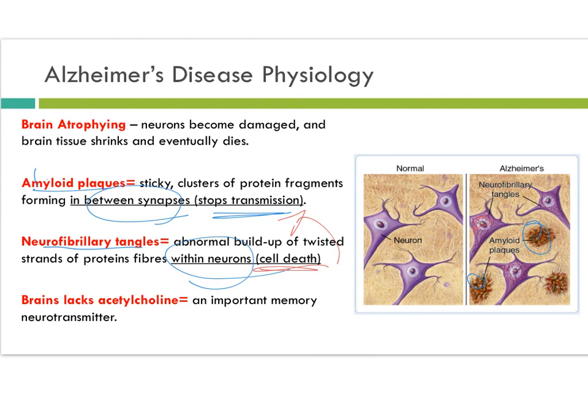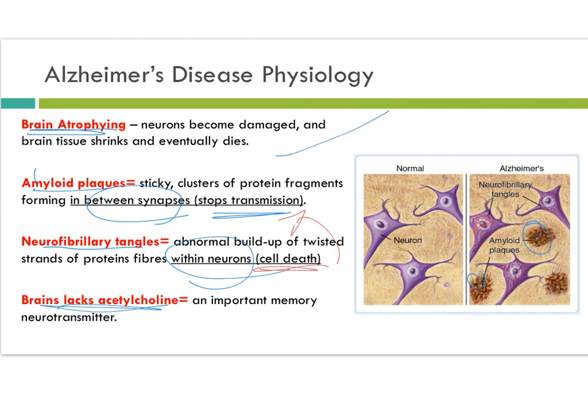Because the neurons are dying, that leads to two other things. One, the brain is going to lack acetylcholine because those neurons are dying. And because we have that progressive deterioration of the neurons, that's going to lead to brain atrophy or brain shrinkage. So the neurons become damaged, they shrink, and they die.